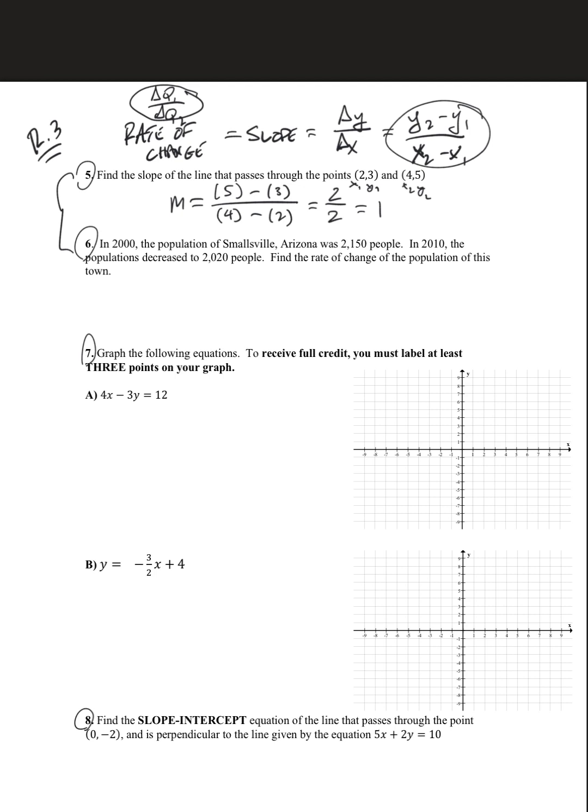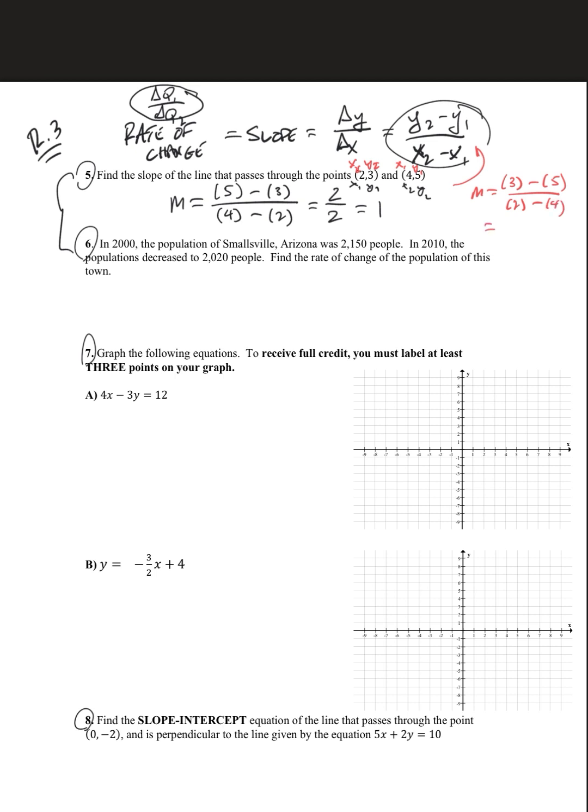All right, and what's cool about this, or challenging, the slope is the same no matter how you calculate it. So if I just wanted to be different, and I wanted this to be x2 and y2, and this x1 and y1, and if I plug them into that same formula up here, what we're going to get is the slope is equal to my y2, which is 3, take away my y1, which is 5, and then my x2, which is 2, and my x1, which is 4.